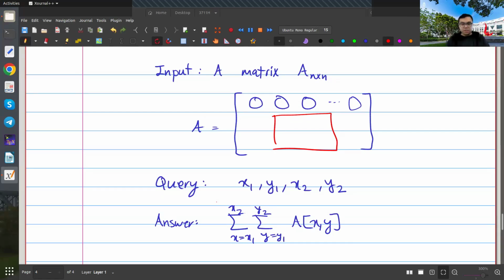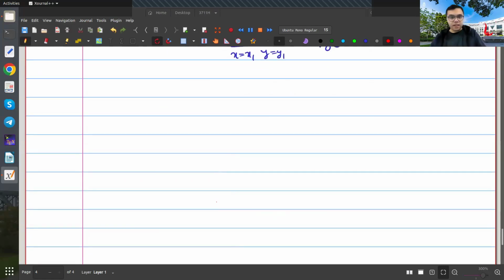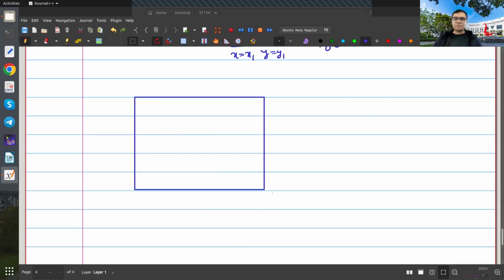Okay, so let's see what I can do. I'm going to draw this rather than actually write it because drawing is easier. So here's my rectangle, my main array, let's say, and suppose that this is what's being queried. So I want the sum of all the numbers in the red area.